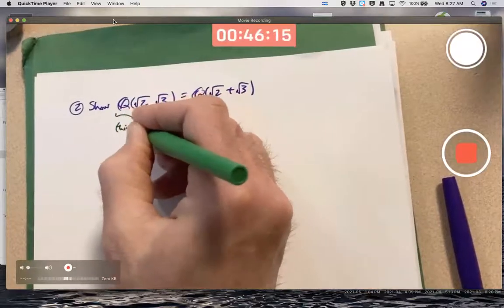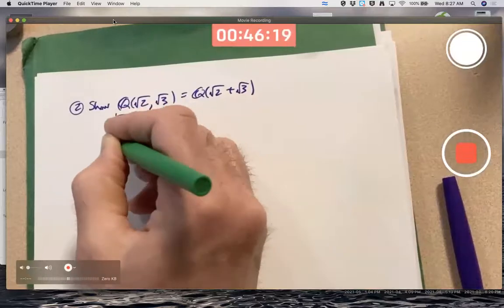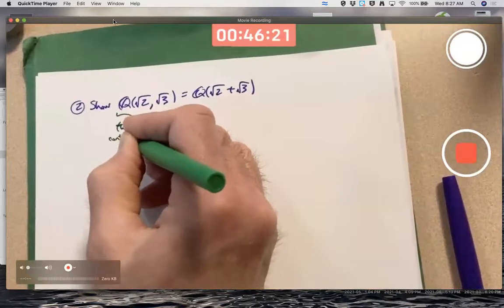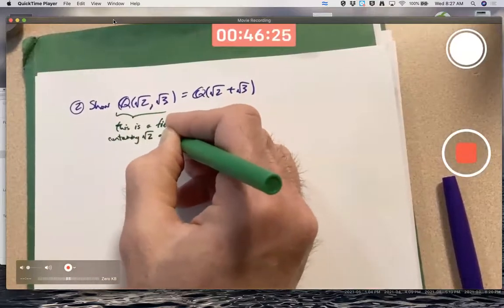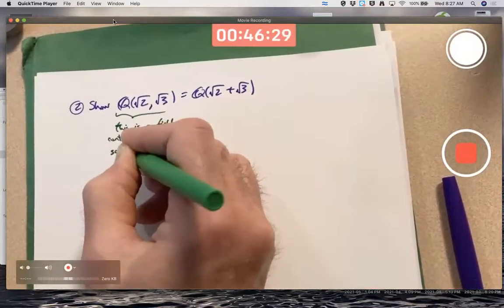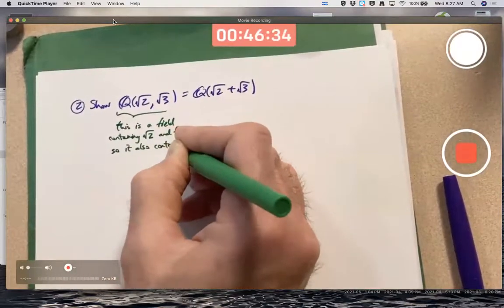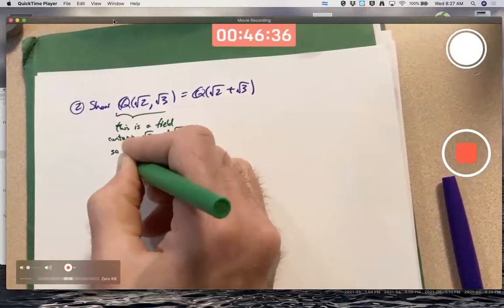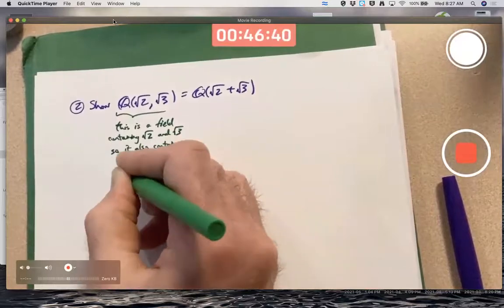This is a field containing both square root of 2 and square root of 3. So it also contains their sum, square root of 2 plus square root of 3, by closure under addition.